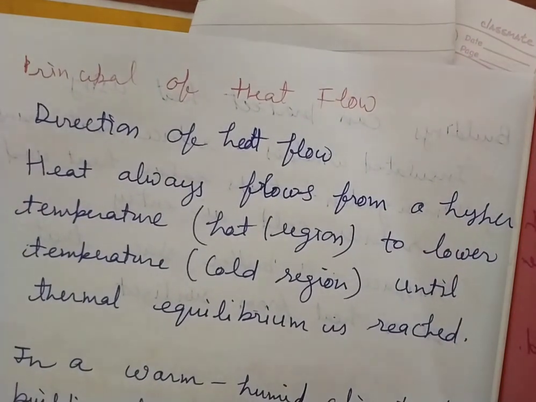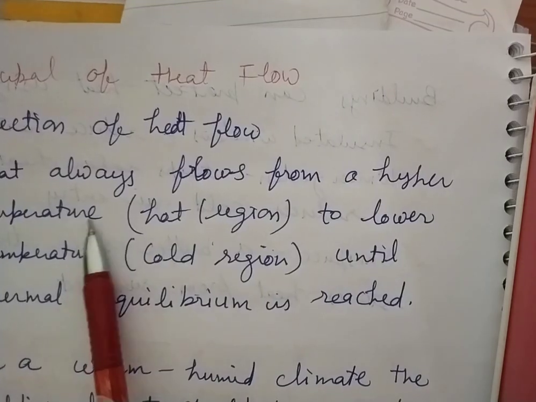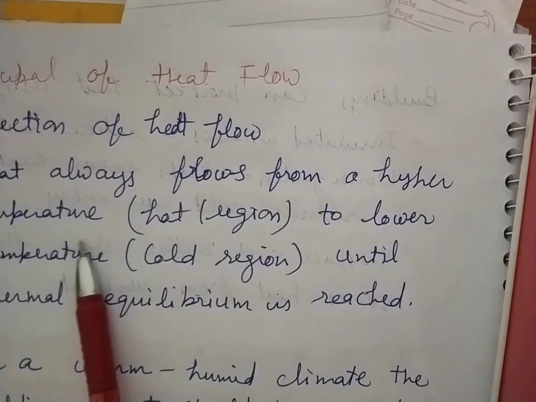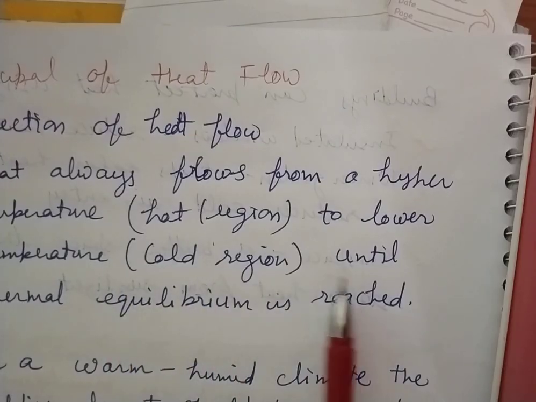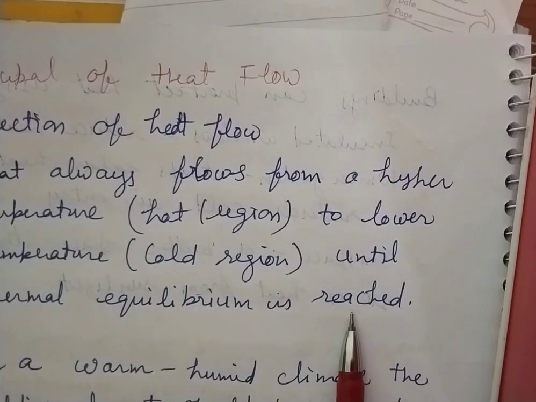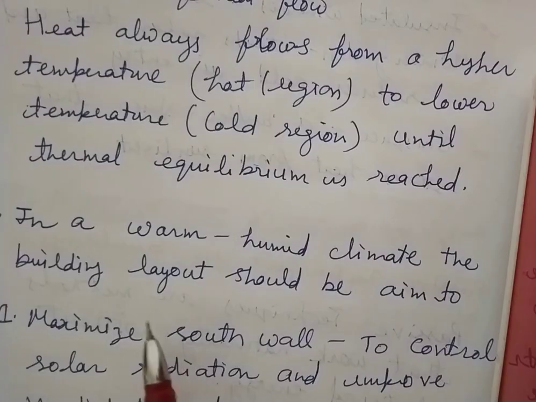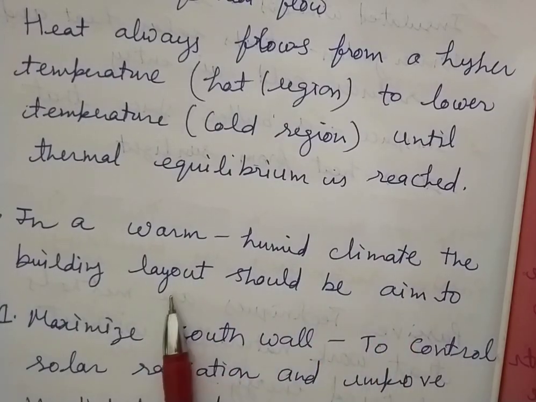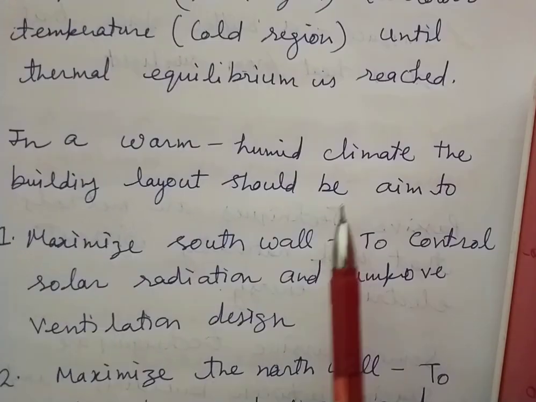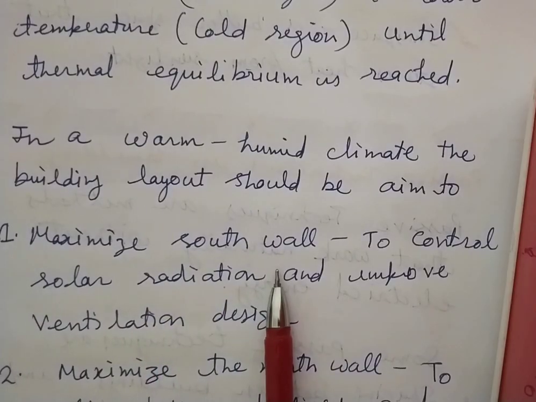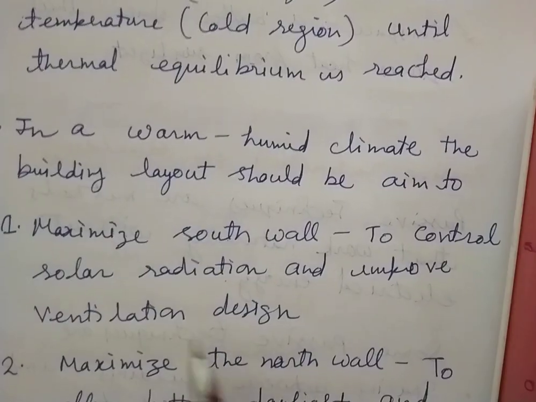Now coming to the principle of heat flow. Direction of heat flow. Heat always flows from a higher temperature to lower temperature until thermal equilibrium is reached. In a warm humid climate, the building layout should be aimed at maximizing south wall to control solar radiation and improve ventilation design.